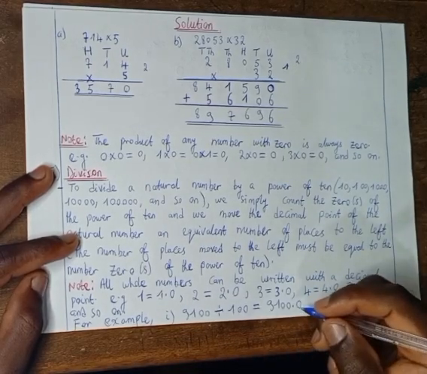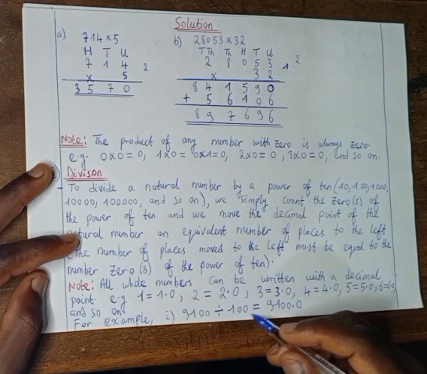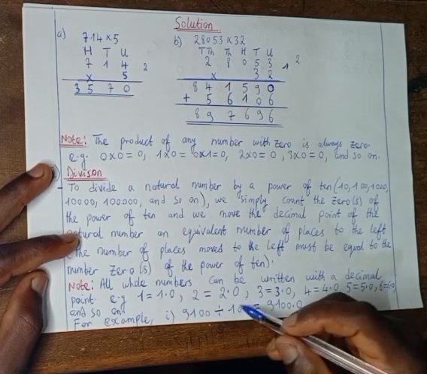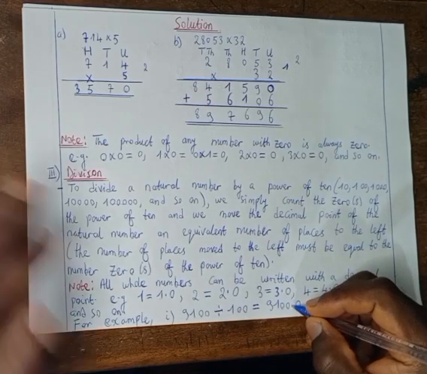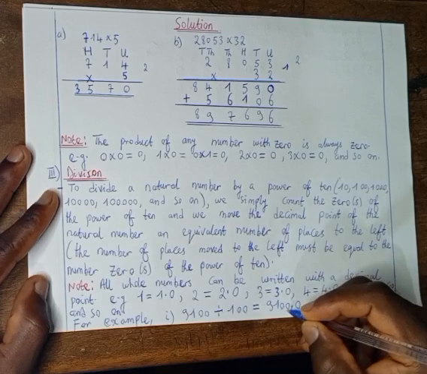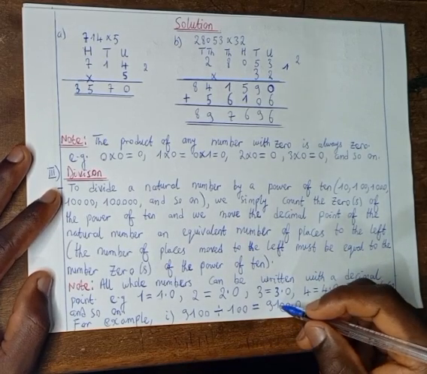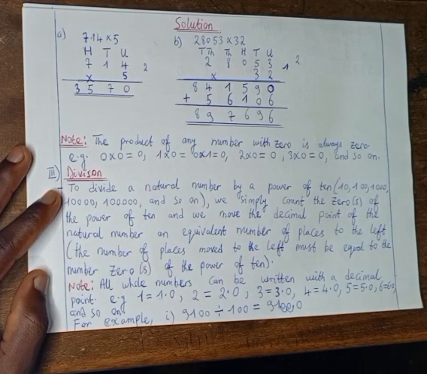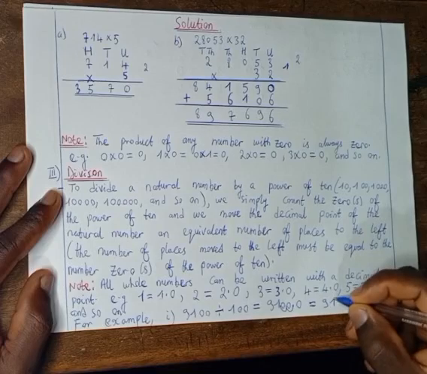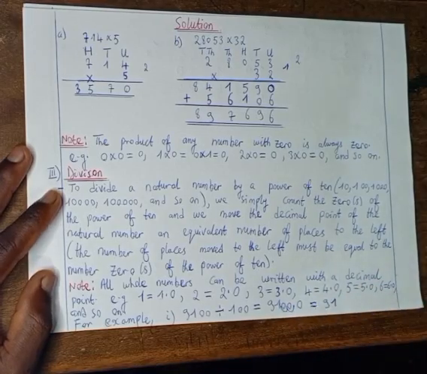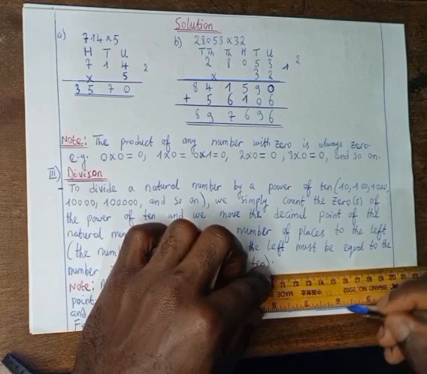Next, we are going to move the decimal point a number of places to the left because we are dividing by a power of 10, and this power of 10 has 2 zeros. So we are going to take the decimal point 2 places to the left to this direction. So we are going to take it 1, 2. So the new decimal point will be directly after 1. So this will simply be equal to 91. Because all these zeros after the decimal point, they have no use. So the answer will simply be 91.